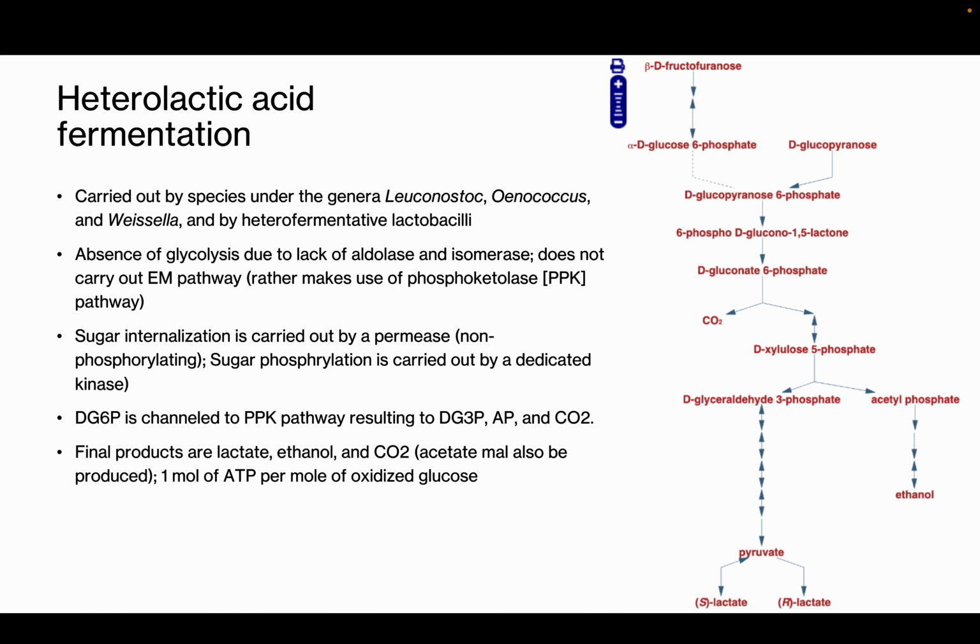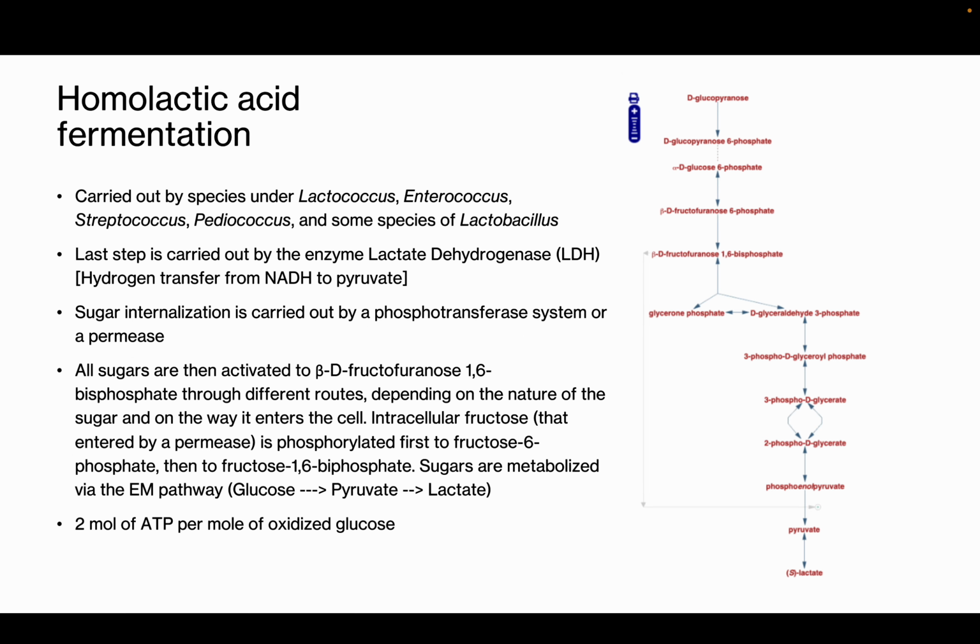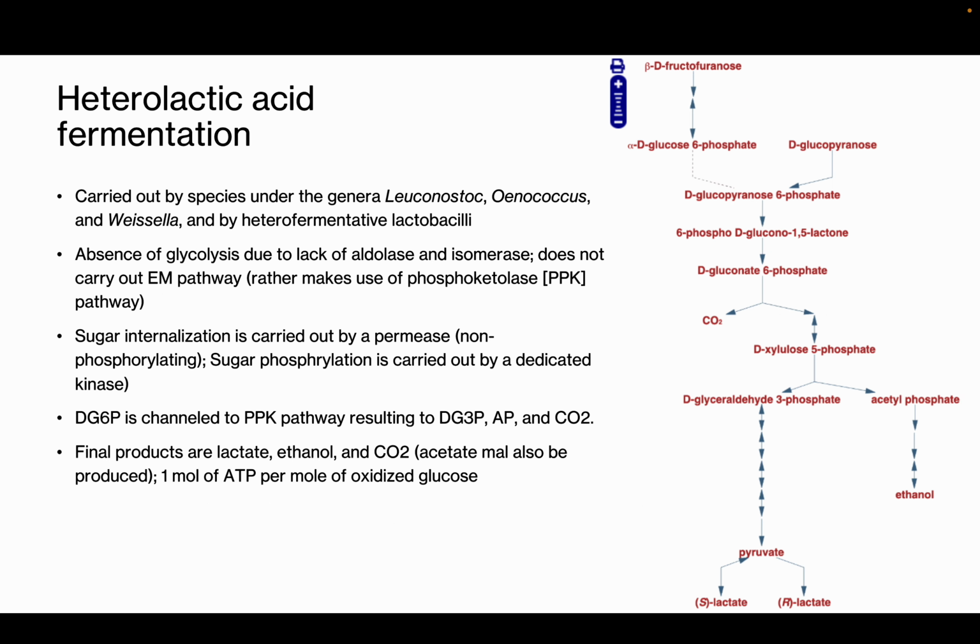The absence of glycolysis is due to the lack of specific enzymes such as aldolase and isomerase. It does not carry out the EM pathway, unlike homolactic acid fermentation, and rather will make use of a phosphoketolase pathway for pyruvate formation.